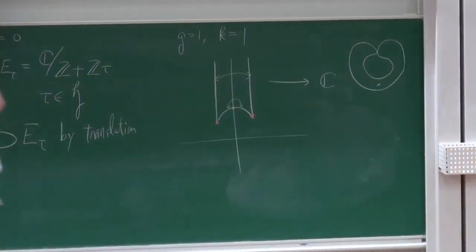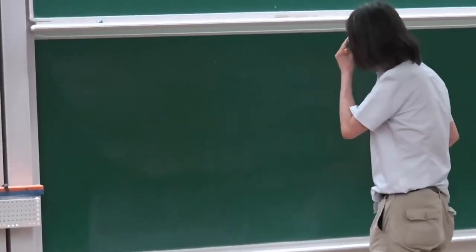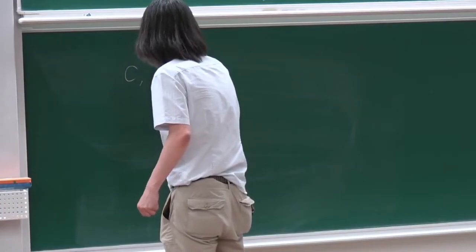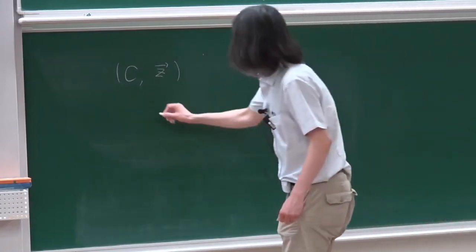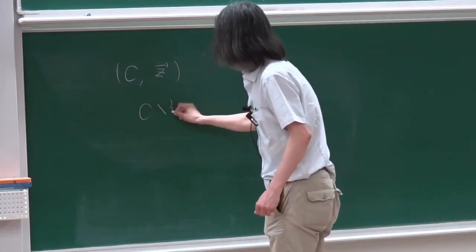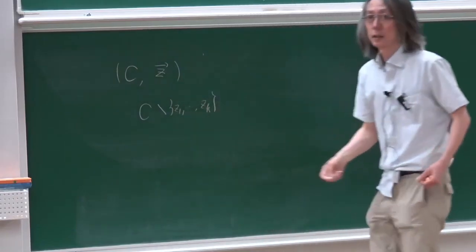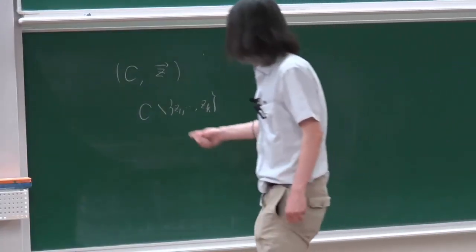But maybe we can also interpret it in terms of two-dimensional hyperbolic geometry. If you have this C and these points Z1 to Zk, and you remove them from C, then you have a punctured Riemann surface.